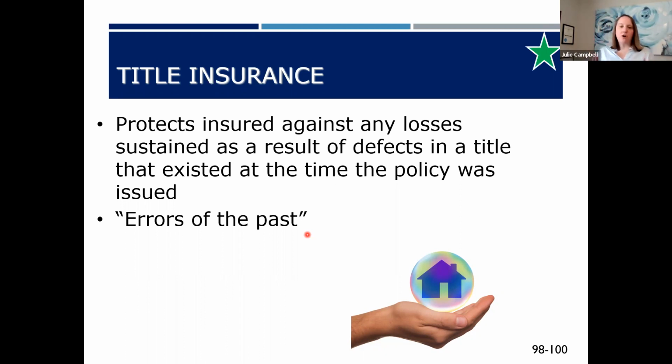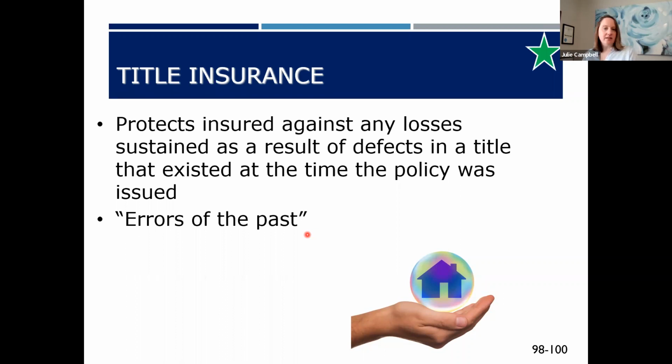Title insurance starts for the owner on the day they're actually closed, on the day that they receive the deed. And title insurance covers the new owner from errors of the past. So anything that affected the title yesterday and back to the beginning of time, it couldn't have been discovered. There's no way we could have found it.